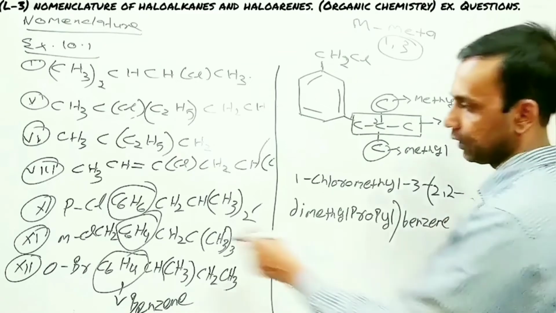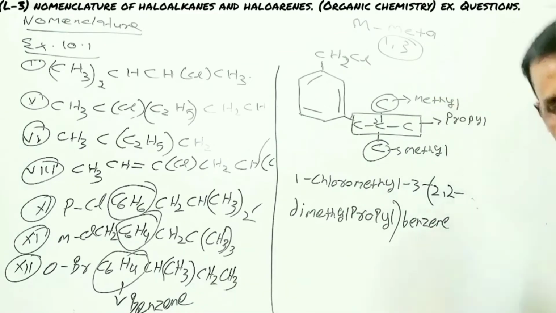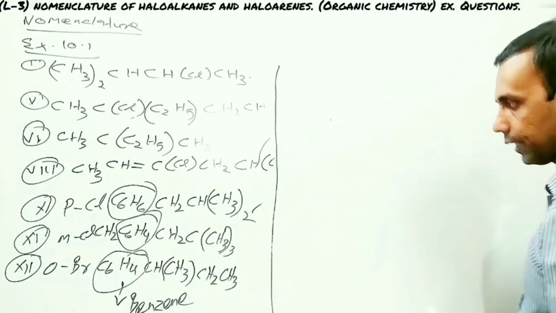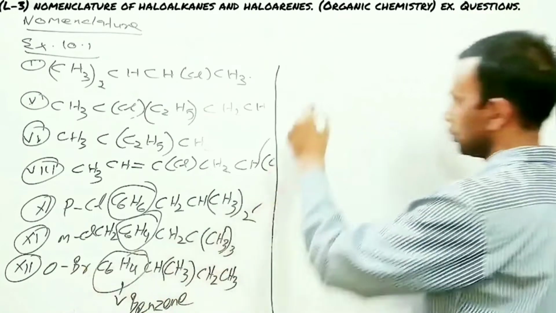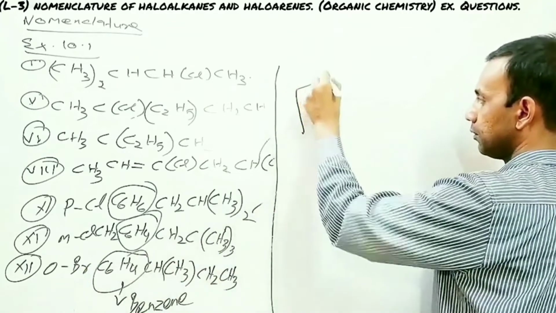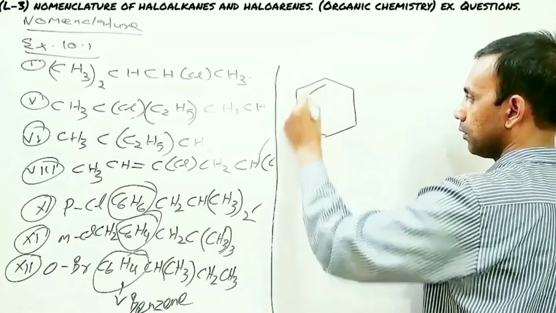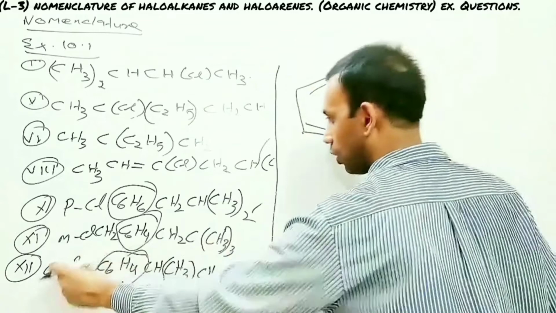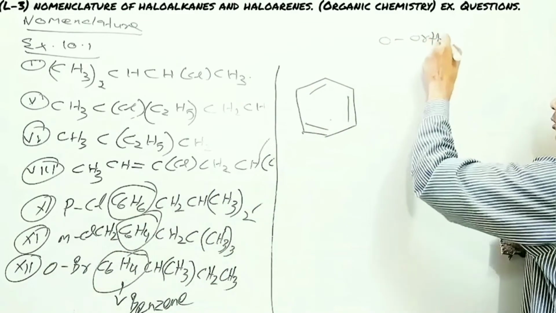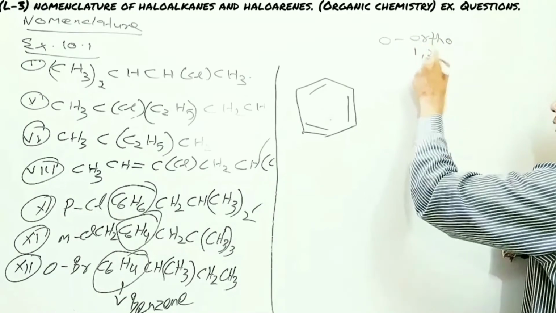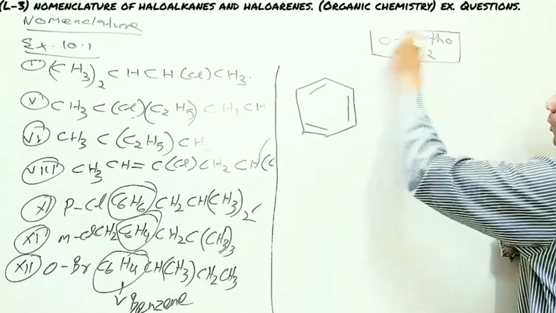So that's it. Okay, we have one more example. Let's do that. So again, as I said earlier, this has to be started with benzene. So I'm drawing a benzene right here. Now this is ortho. So what does O represent? O represents ortho, and ortho has to do with 1 and 2.